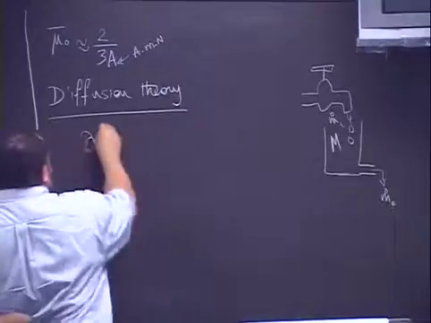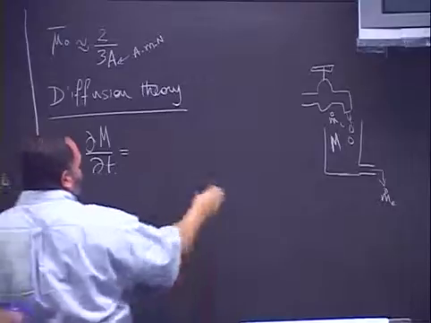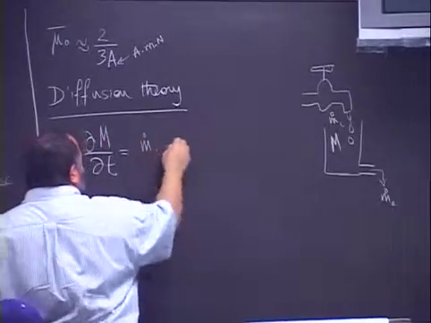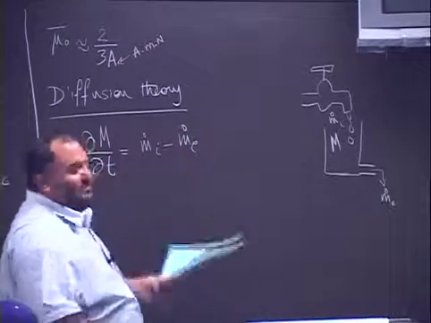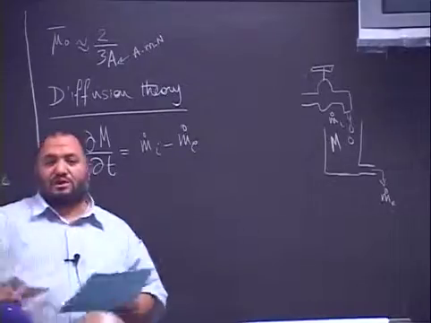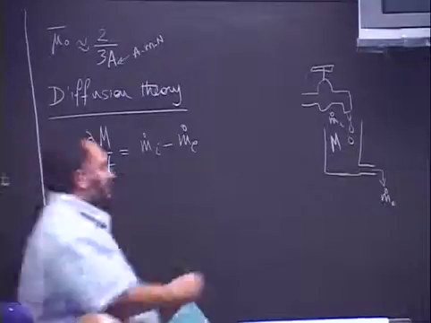The time rate of change of the mass inside the tank will be just equal to m dot inlet minus m dot exit. Of course, in the case of water, you do not have any destruction or generation of the water molecules. So this is just what we call the continuity equation.